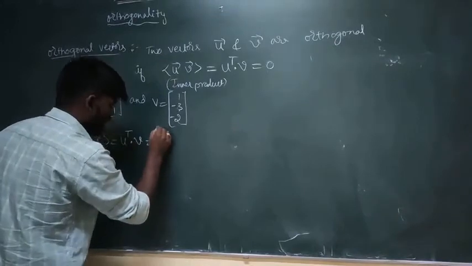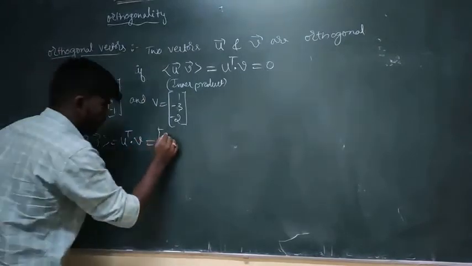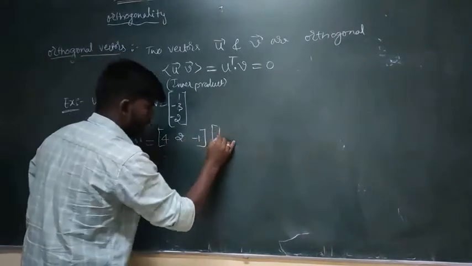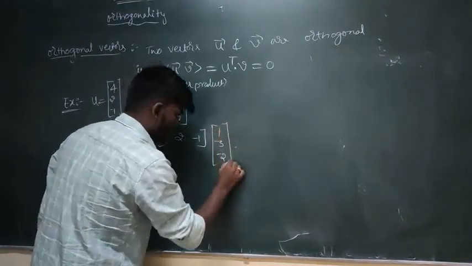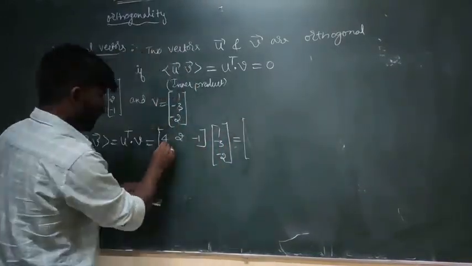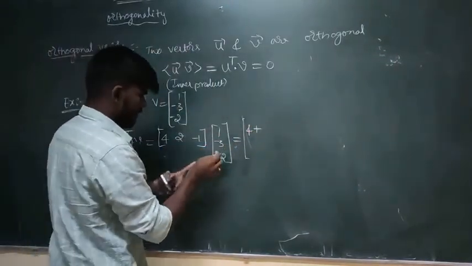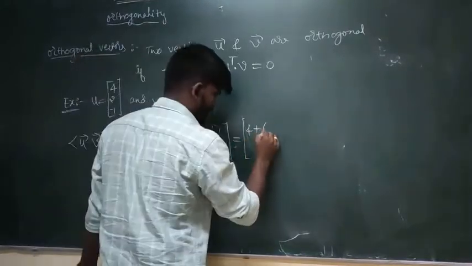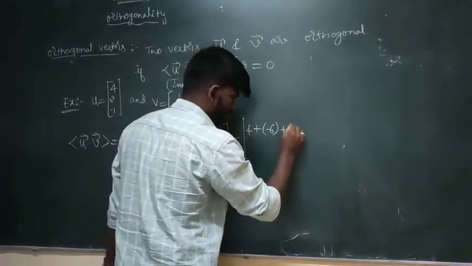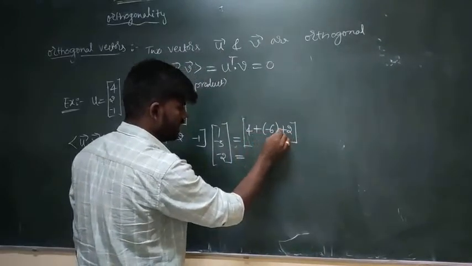Here u transpose is the row 4, 2, minus 1 and v is 1, minus 3, minus 2, which equals 4 into 1, 4, plus 2 into minus 3, minus 6, plus minus 1 into minus 2, plus 2, which equals 4 minus 6 plus 2, which is 0.